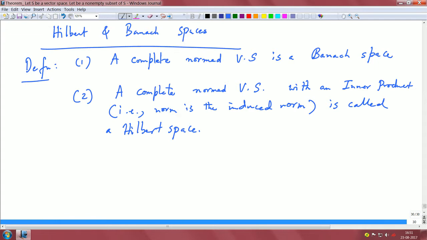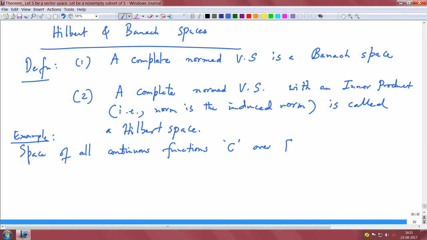A good example of this is the space of all continuous functions, call it C, over the interval a comma b.